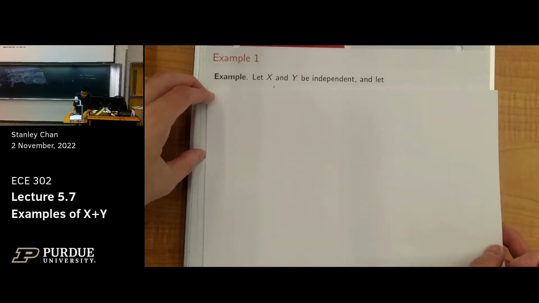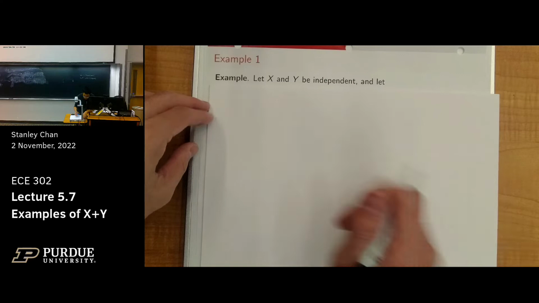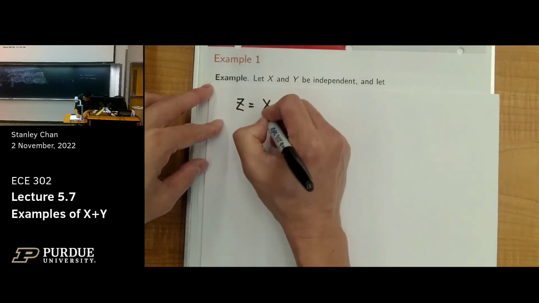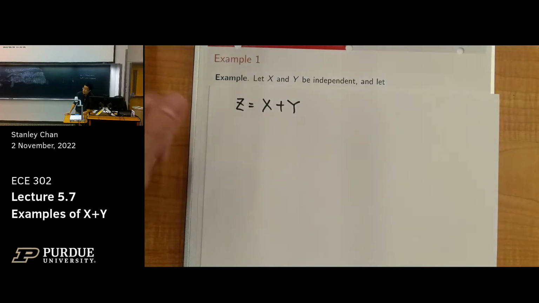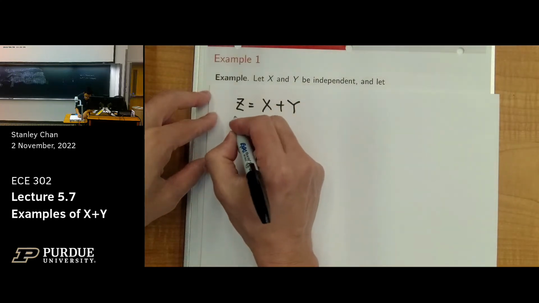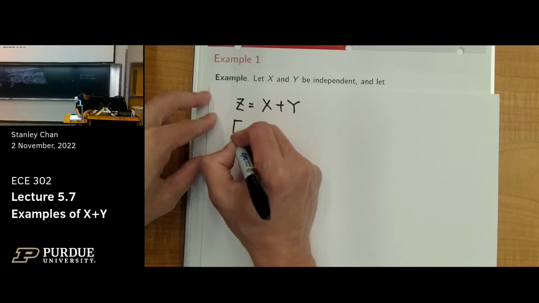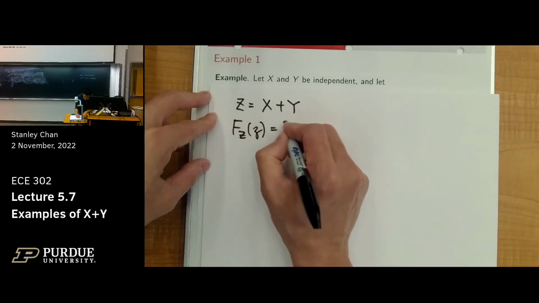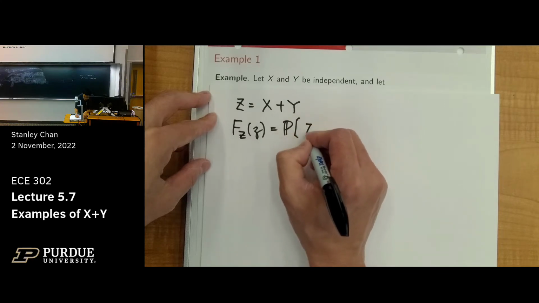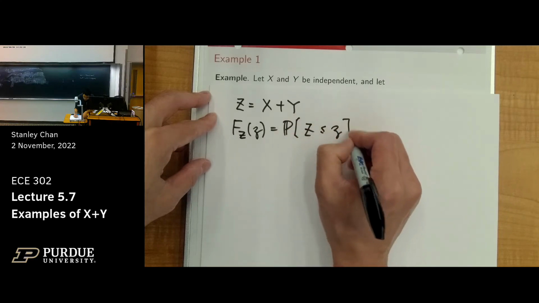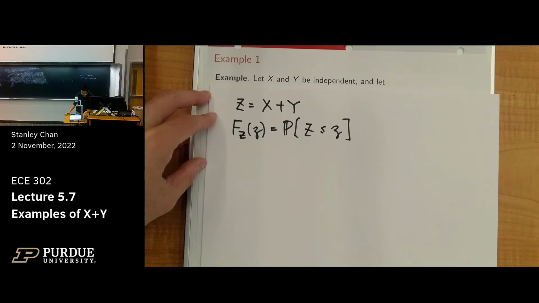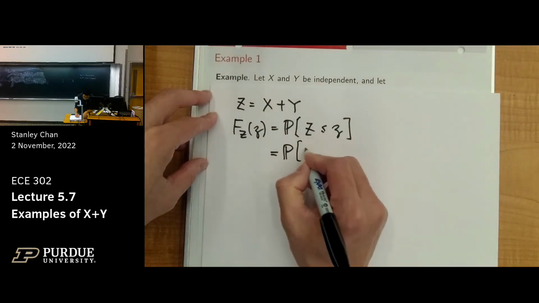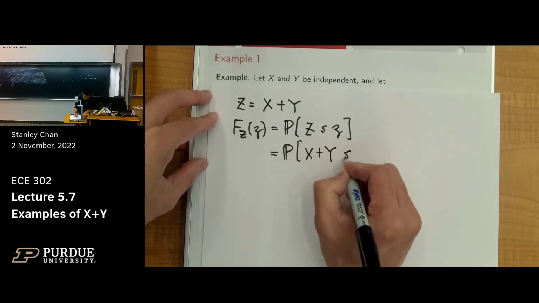So let's start with two distributions. So you have Z equals X plus Y. So that's the definition, right? And I want to find the CDF of Z, which is the probability of Z less than the small z. And this is going to be the probability of X plus Y less than z.